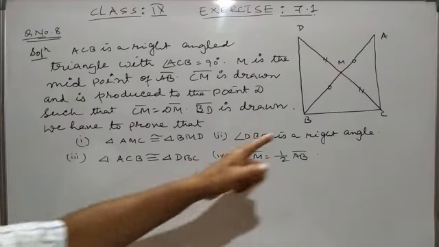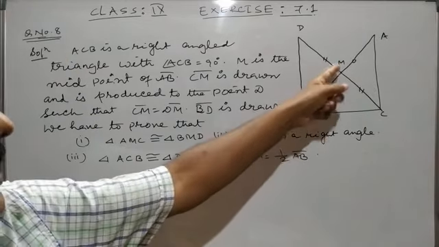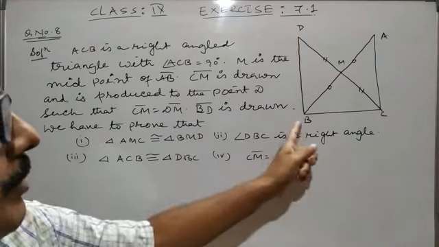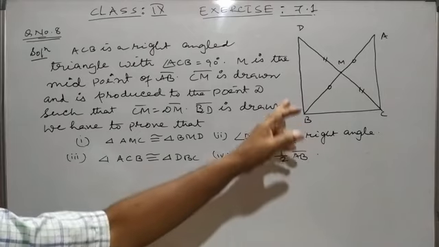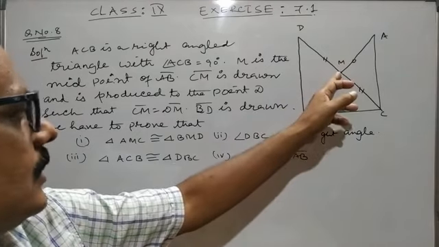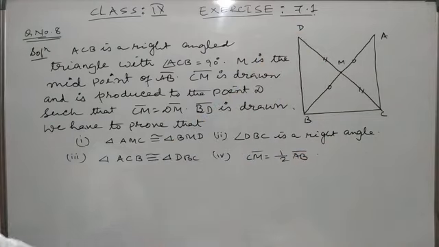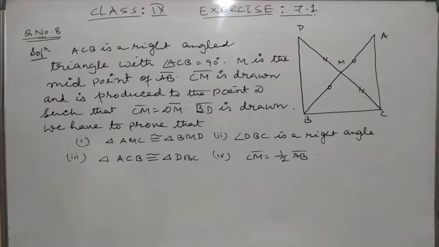We have to prove that triangle AMC congruent to triangle BMD. Number 2, angle DBC is a right angle. Then triangle ACB congruent to triangle DBC and CM equal to half AB. We have to prove these things.